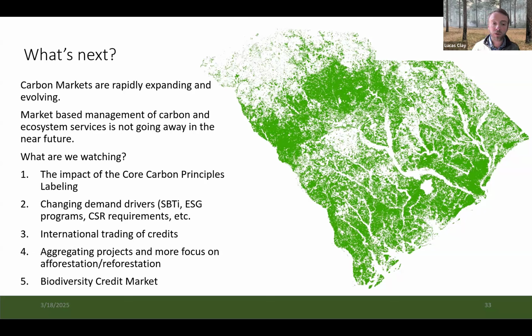And then lastly is the biodiversity credit market. So this is that opportunity to expand beyond carbon. There's been a lot of push globally to focus on biodiversity hotspots in terms of conservation, and how can we not only sequester additional carbon, but how can we preserve and protect and also enhance biodiversity that is so crucial for ecosystem services and for our life here on this planet.